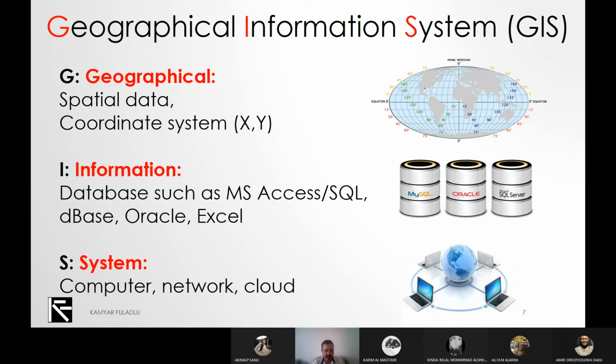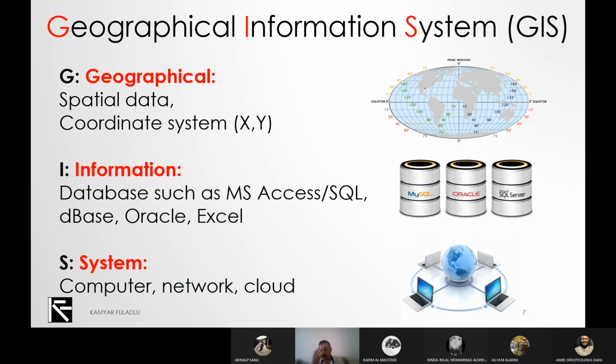We have a system. In terms of the computer, our system could be a network or cloud computer, or in terms of the people, our system can be the members of the project. These are also considered a system.